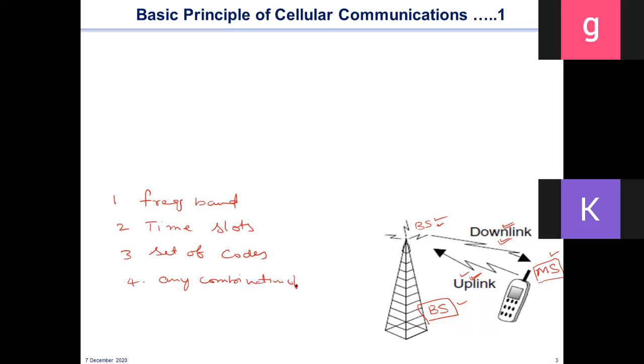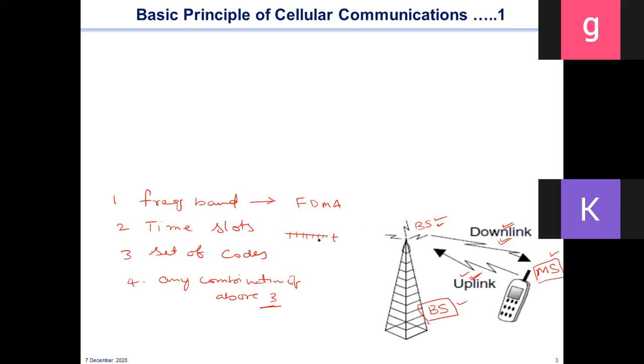This is what we call FDMA, frequency resource sharing, sharing the resource of frequency for making a communication between base station and several users. Similarly, time slots. If I have a time axis like this, I will divide this time into different slots to communicate with each mobile user.